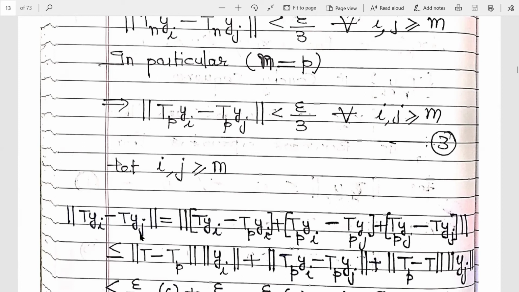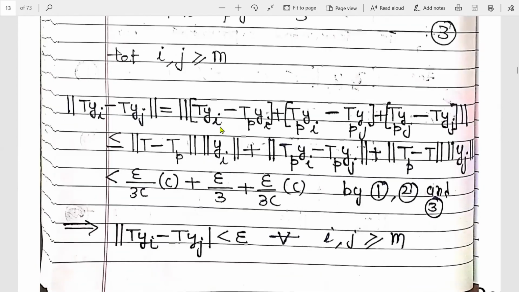Again, in the end, subtract T_p y_j and add T_p y_j. So we get these three brackets: first, second, and third. In the first bracket, subtract T_p y_i and add. In the last bracket we add this y_j, that is subtract in this case. So we get 1, 2, and 3.